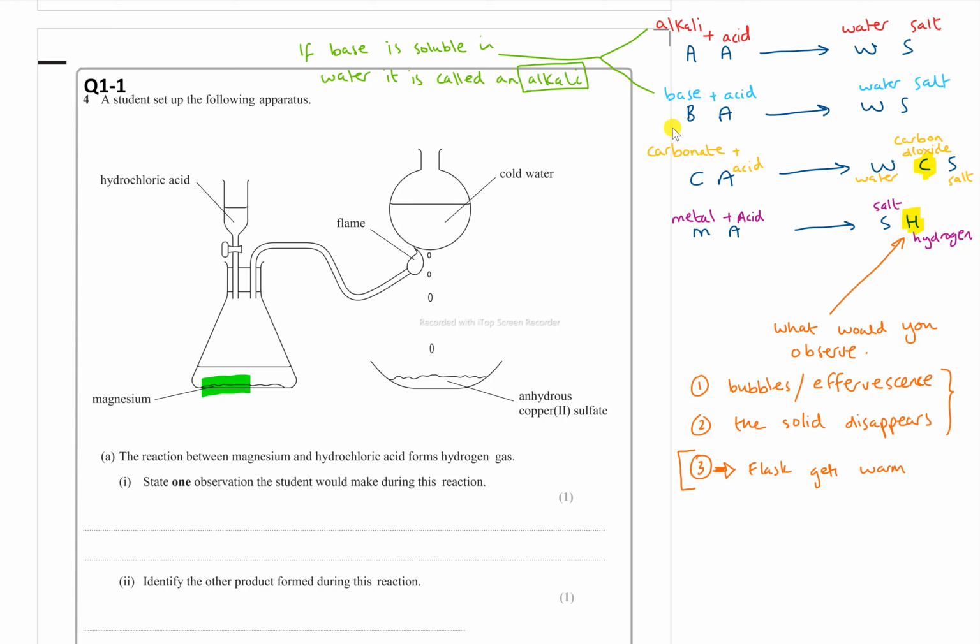There's your solid. There's your acid. This piece of equipment is a tap funnel. Right, so remember we're producing what? So it's a metal and acid. So we're expecting salt and hydrogen. So this is hydrogen coming out.